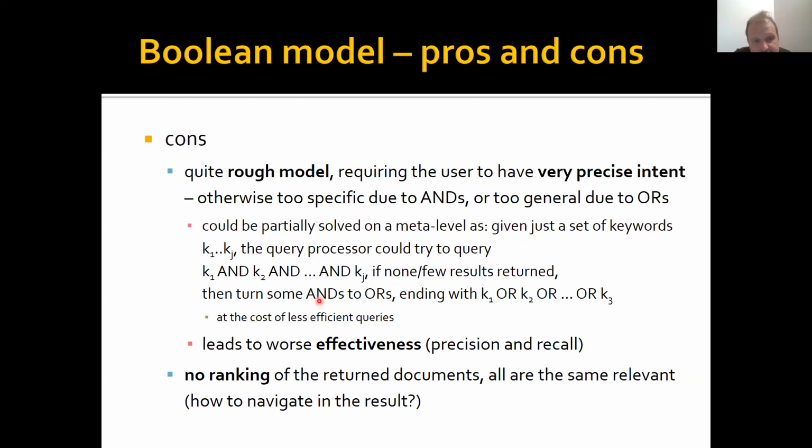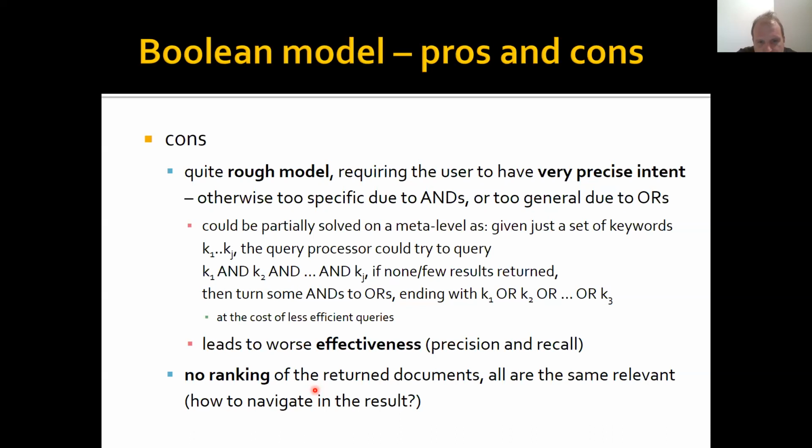Because there is no ranking of the returned results. If they are all true, or if they were not returned, they were false. But we have no ranking. We don't have better or worse document in the result because they are all true. So we have no possibility to structure the query result.